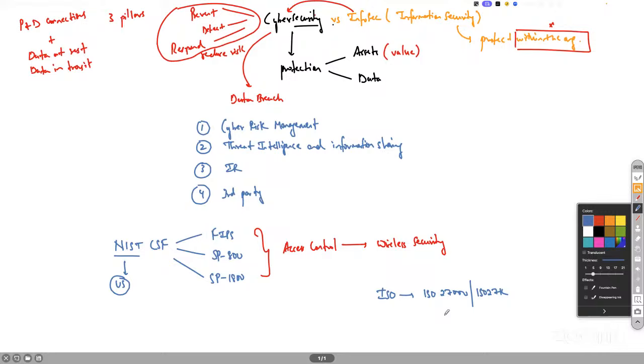Okay, and the main goal behind ISO is to provide recommendations on how an organization can establish, implement, operate, monitor, maintain, and improve a cybersecurity program. Okay, so ISO calls it ISMS, Information Security Management System.